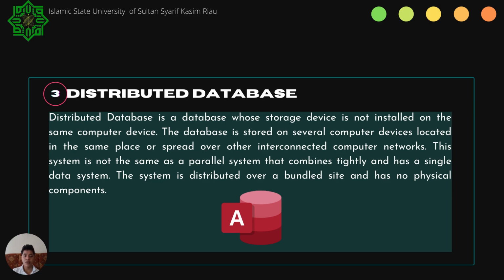This system is not the same as a parallel system that combines tightly and has a single data system. The system is distributed over a bundle of sites and has no physical components. And the example is Microsoft Access.